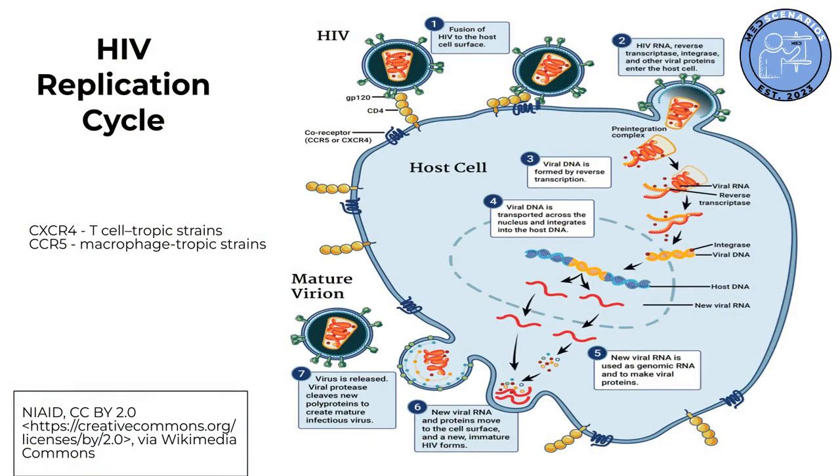Next, we'll talk about the replication cycle for HIV. HIV binds to CD4 plus cells and other cells like dendritic cells, macrophages, and others. The main binding feature that HIV uses is the GP120 glycoprotein that we just saw in the structure of HIV.